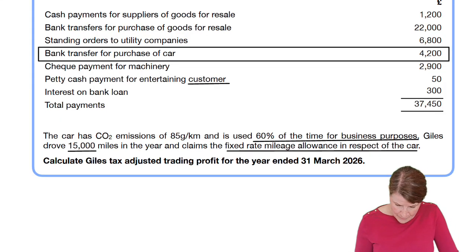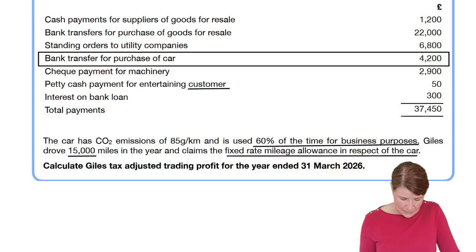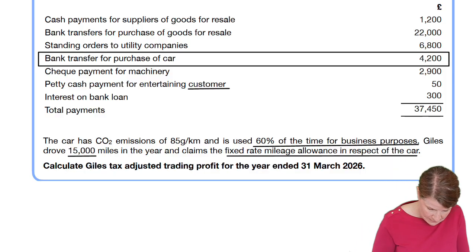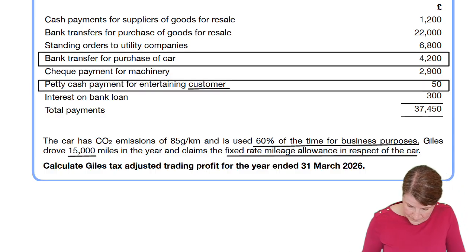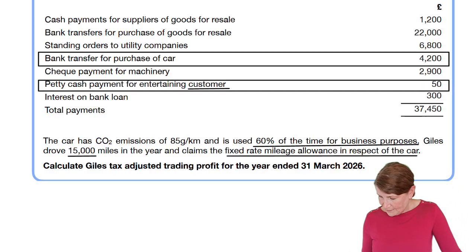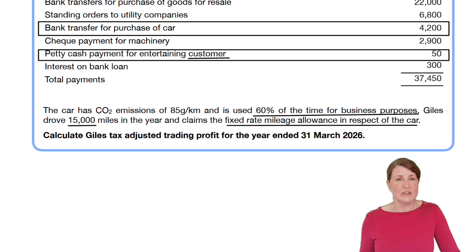We've got interest on bank loan. So we're assuming that the bank loan is going to be used for business purposes. We're not given any other information to the contrary. So therefore that's absolutely fine. So the last thing to do is to do with the fixed rate mileage allowance in respect of the car.